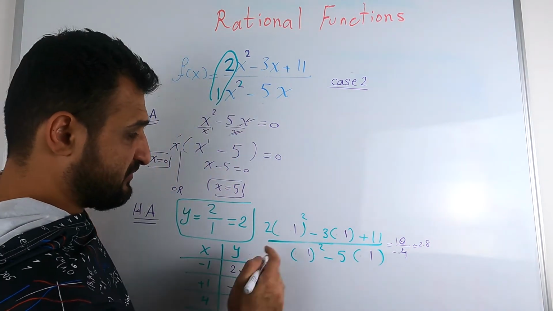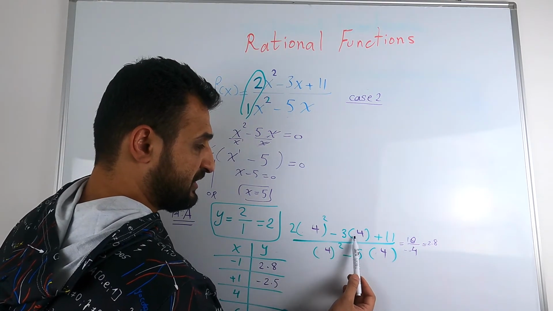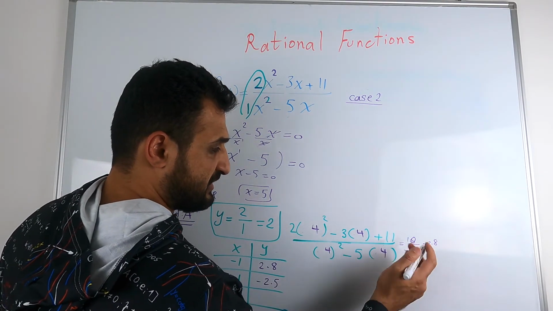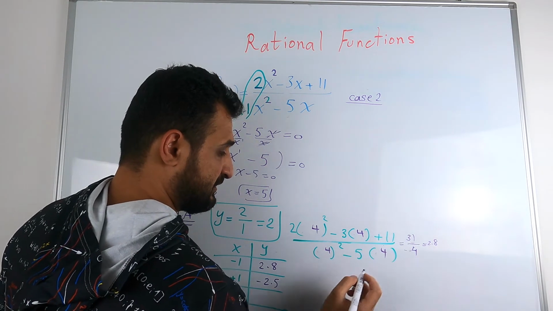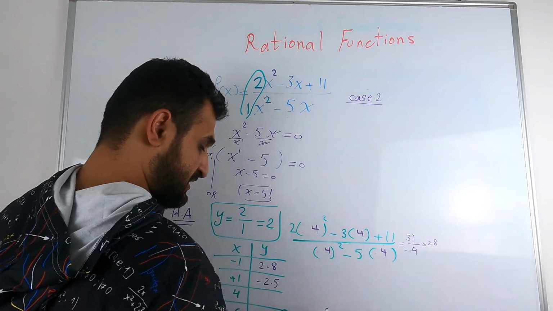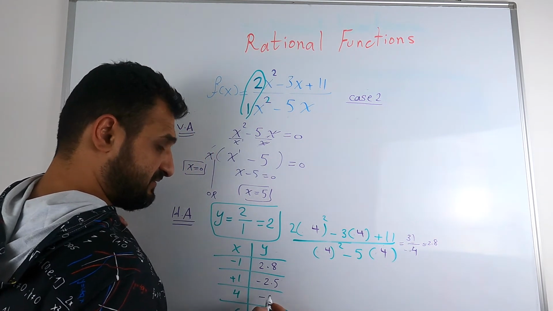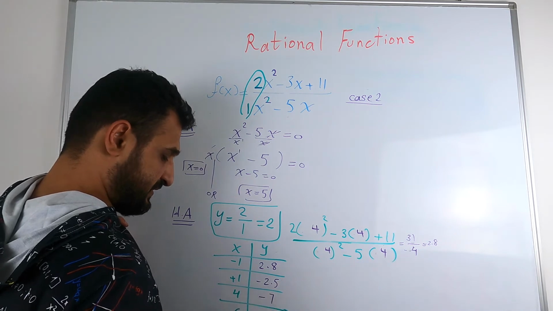Now let's start with 4. 16 times 2, 32. Minus 12, 20 plus 11, 31. 16 minus 20, negative 4. So the answer is almost 31 divided by negative 4, almost negative 7.